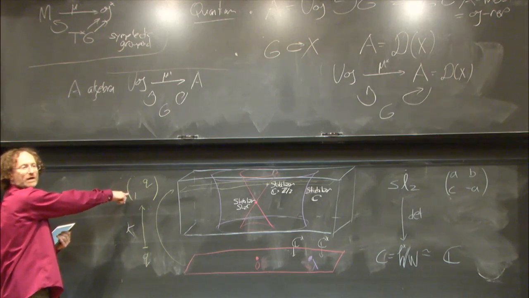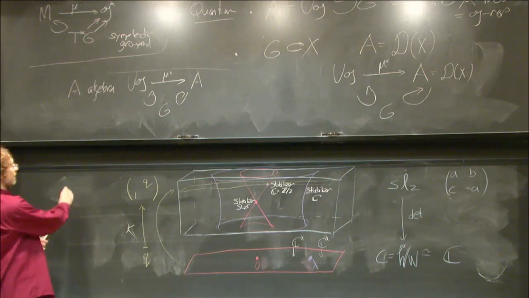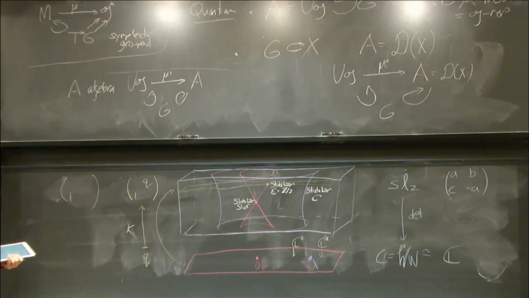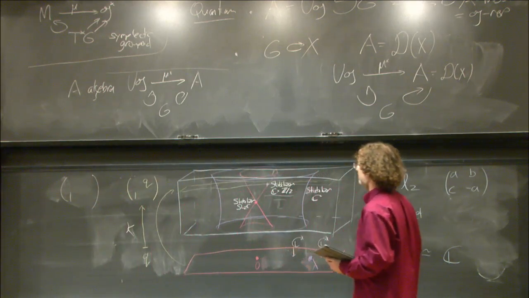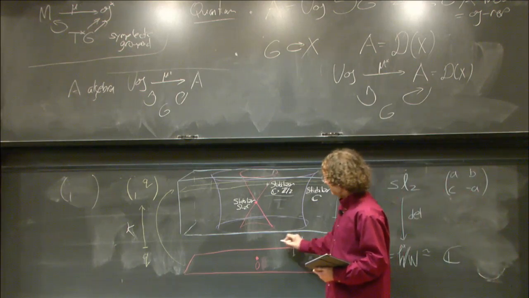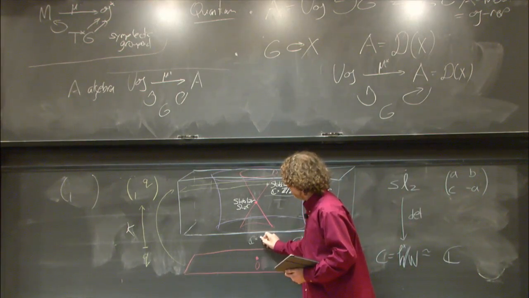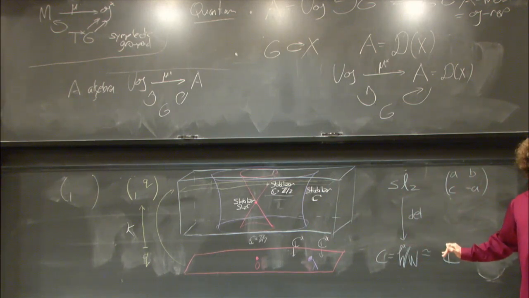You take a regular element with that characteristic polynomial, and you take its centralizer. So instead of the 0 matrix, I'm taking a regular nilpotent. And its centralizer now looks like C cross Z mod 2. So that's this family. You have a family of C star degenerating into this C cross Z mod 2. That's what this group scheme J looks like for SL2.